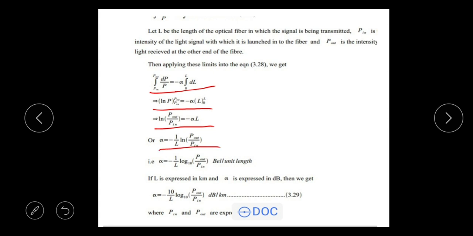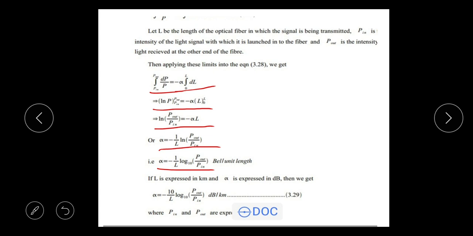In optical fiber communication, we write this equation in the form of log to the base 10. That means natural log is written as log to the base 10. That is, alpha is equal to minus 1 by L log to the base 10 P out by P in. Unit is bel per unit length.